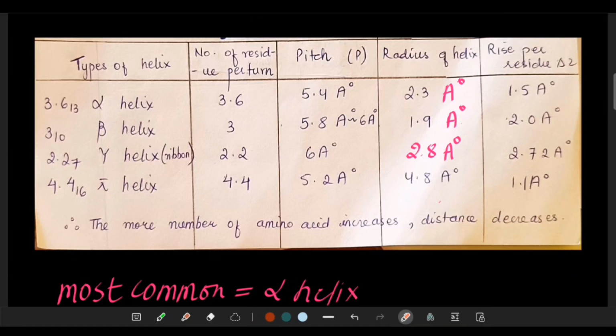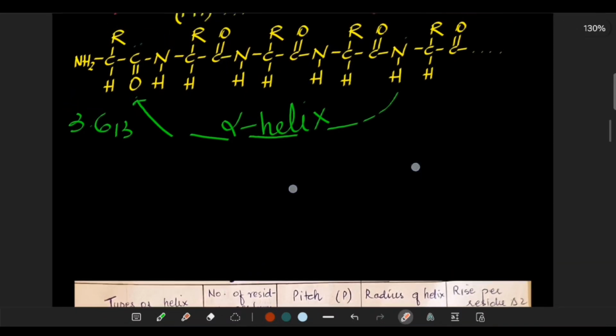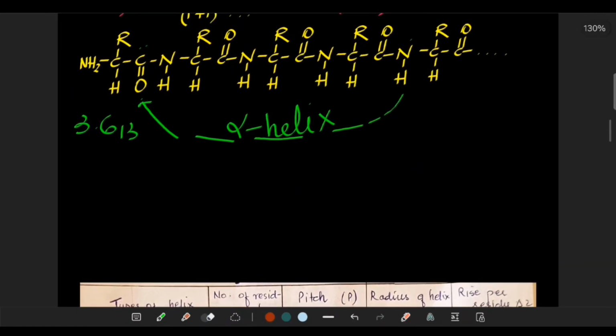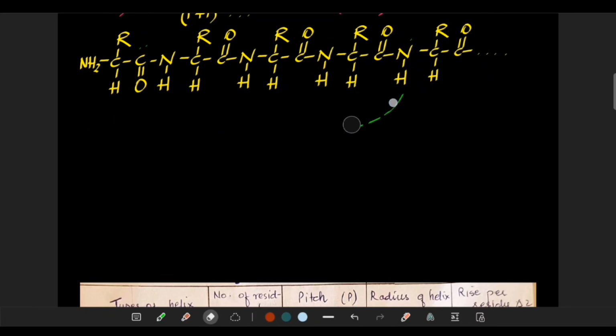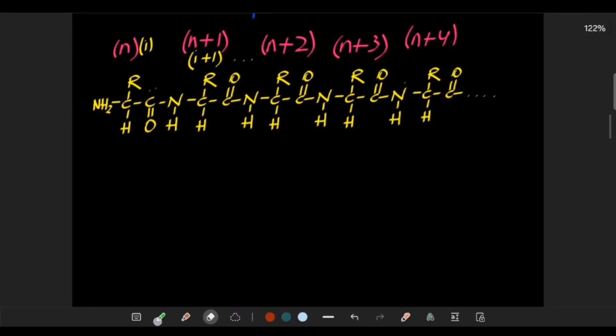Now if you see over here, we also have the beta helix. In the beta helix, as you can see over here, I'll just try to show you. So this was the alpha helix, right? I'm going to rub this and show you the beta helix. So this was the alpha helix, and now the beta helix is this one.